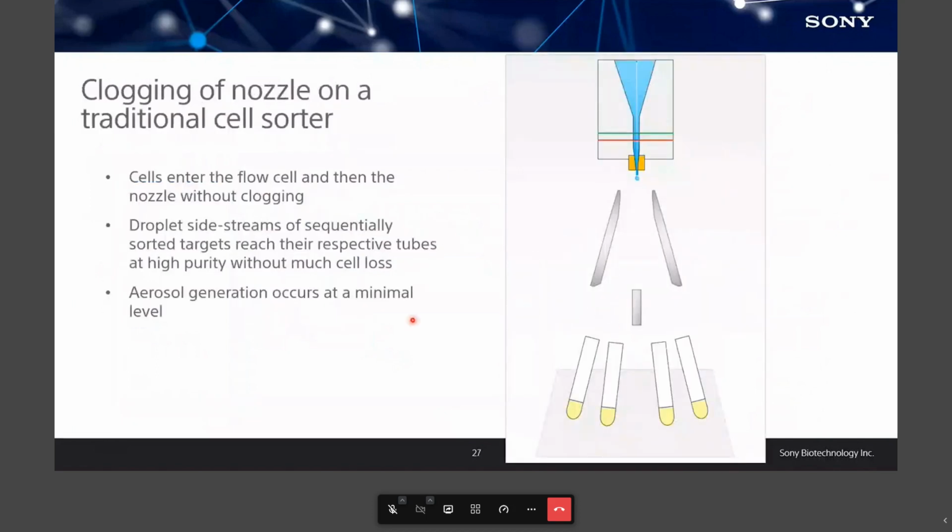All right, so all of this is wonderful, but what happens when I run into a problem? And if you've ever run a cell sorter, you've probably run into a clog, right? So clogging of a nozzle on a traditional cell sorter, let's talk about what that looks like. So cells typically enter the flow cell and go through the nozzle without clogging. That's sort of the ideal situation, right? So here's your flow cell.